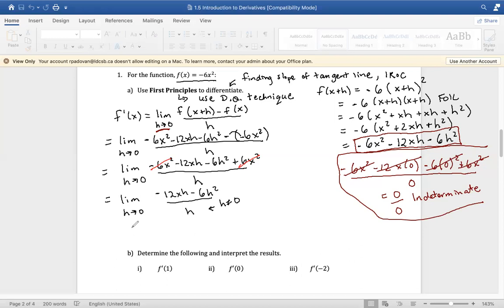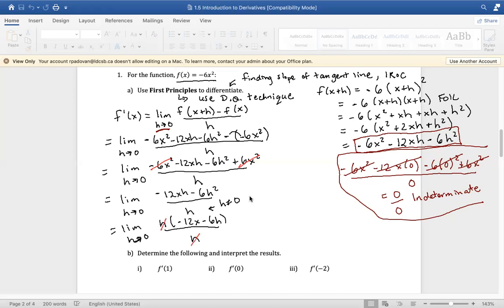If I factor out the h, I need to write limit again because I haven't subbed in h equals 0 for my h's. I'm going to factor out the h, and then I'm left with negative 12x and negative 6 with 1h divided by h. And then just like we wanted to, we have these h's canceling out.